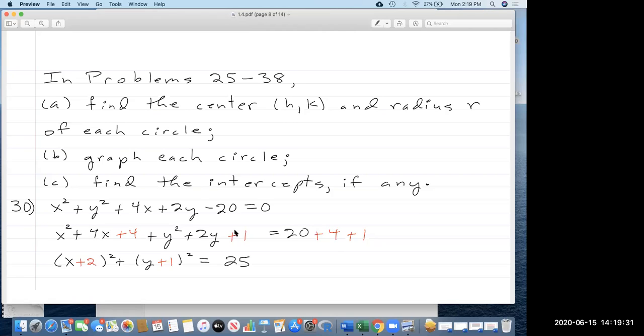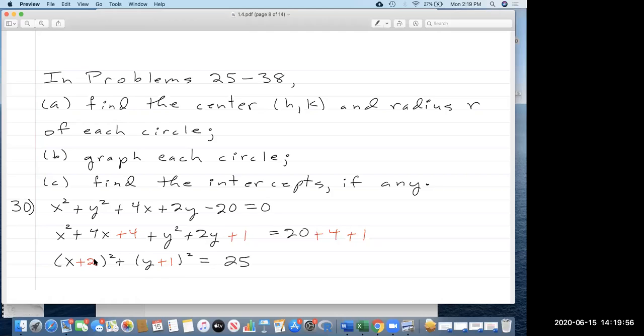Now, again, this is a y squared plus 2y. So this again is a monic quadratic. And so to complete the square, you just take 2 divided by 2, which is 1. 1 squared is 1. So you have to add 1 to the other side of your equation. 20 plus 4 plus 1 is 25.